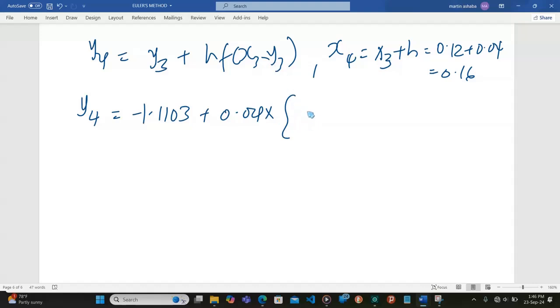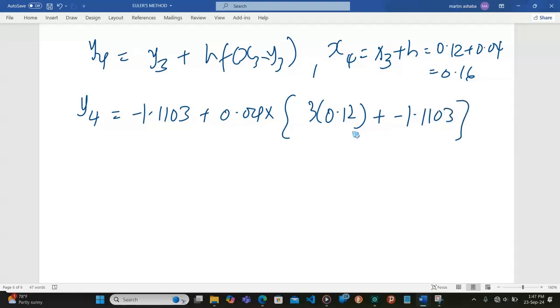The value of f(x3, y3) is going to be 3 into x3, where x3 is 0.12, then, obviously, plus negative 1.1103.